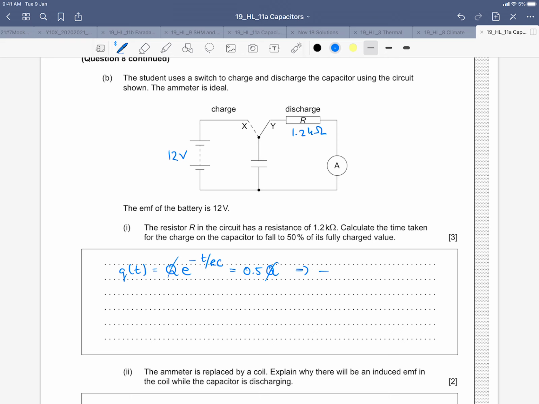Just take ln on both sides, and then work out what t is. It's going to be minus RC ln 0.5. And that's going to be minus, and the R is 1.2 kilo ohms. Capacitance was 68 nanofarads. And that gives us this in seconds.